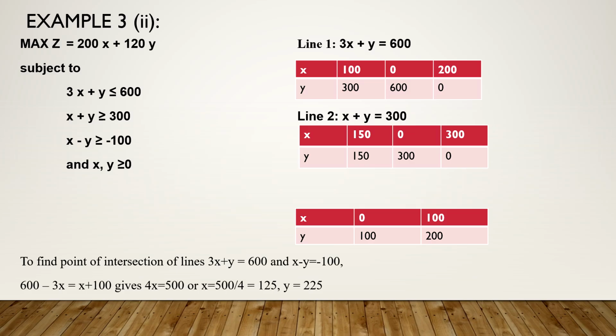The same technique, equate y of both the lines and you will be getting the value of x as 500 by 4, which is 125. When you put it in any of these equations, you'll get y as 225. So you get a point of intersection of these two lines, 3x plus y is equal to 600 and x minus y is equal to minus 100, which is 125, 225.